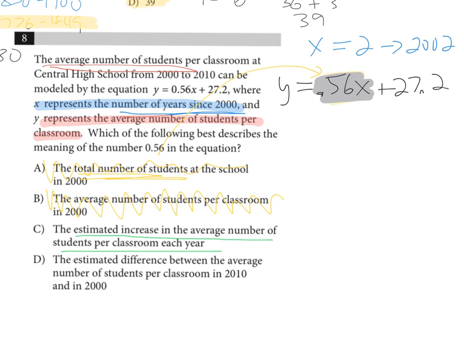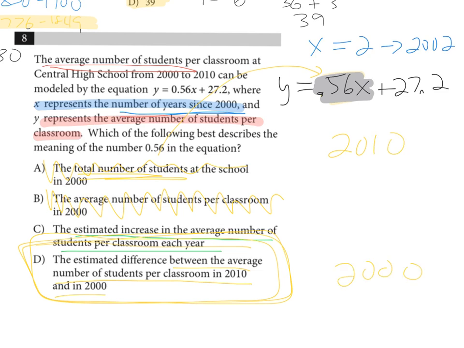Or D, the estimated difference between the average number of students per classroom in 2010 and 2000. So I can actually check letters C and D to see which of the two is correct. For example, letter D. I can figure out how many students per classroom there were in 2010, right?